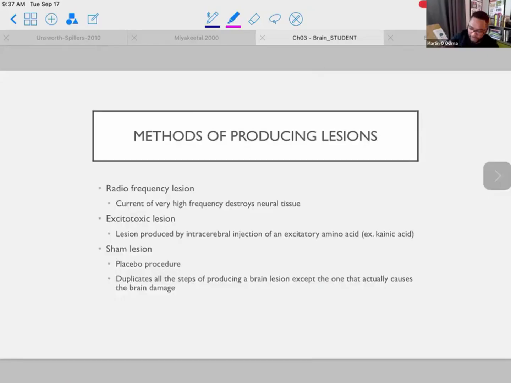There could be a radio frequency lesion, a current of very high frequency that destroys neural tissue. There's an excitotoxic lesion, produced by cerebral injection of some kind of amino acid, and then a sham lesion, which is like a placebo procedure and duplicates all the steps of producing a brain lesion, except the one that actually causes brain damage.